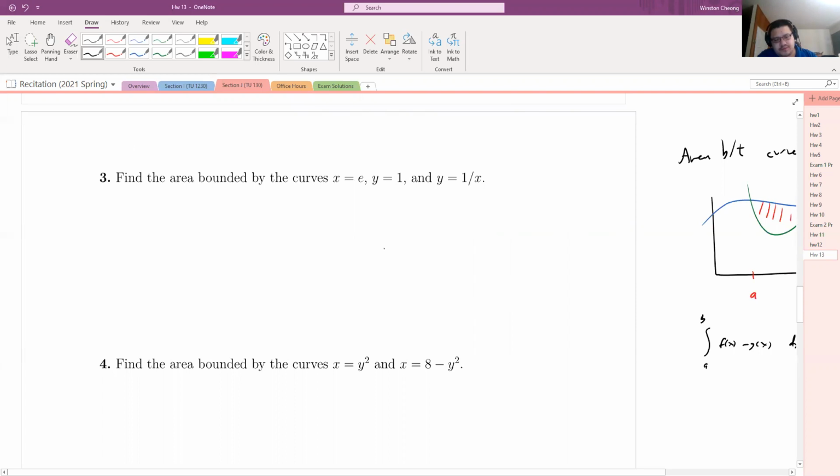So I would start by drawing this, because otherwise I can't really tell too much without drawing it. I feel like it's necessary to. One thing I know is I'm going to need to plug e in. We have 1 over x, so we know roughly what that shape looks like.